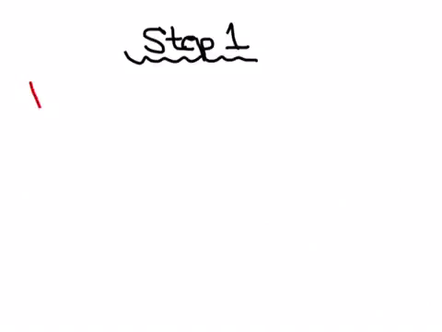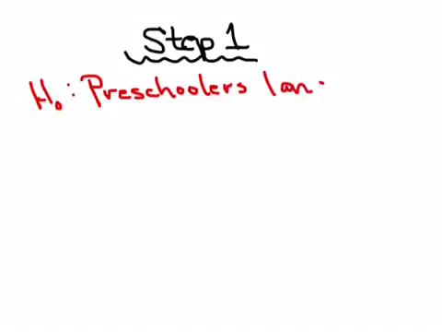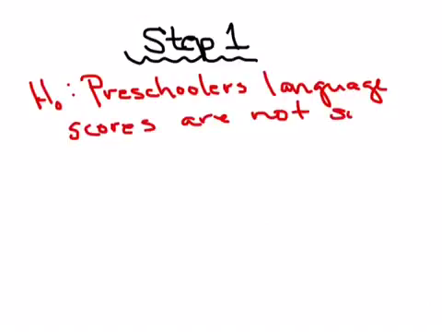That's both hypotheses. The null is what we are trying to reject. So basically this is going to state that preschoolers' language scores are not significantly better than the average child.